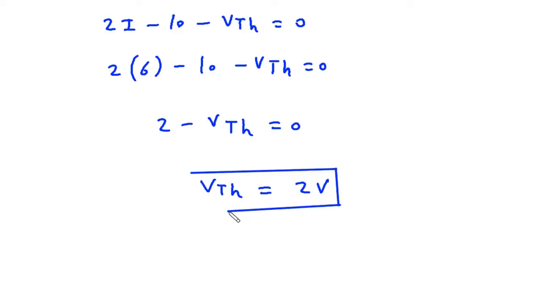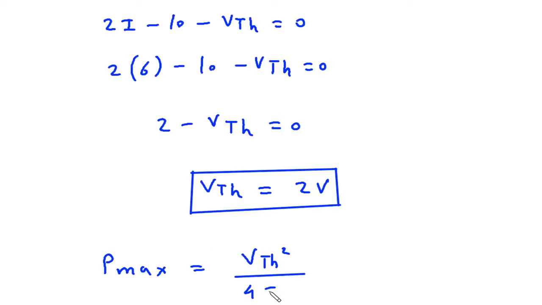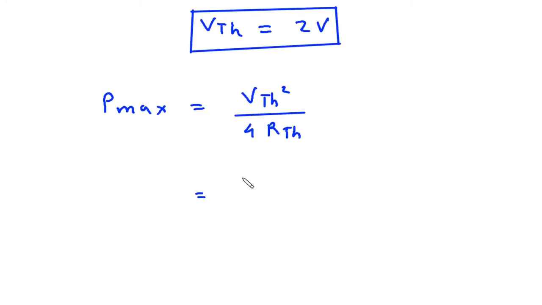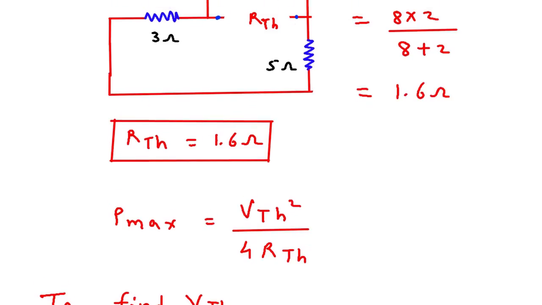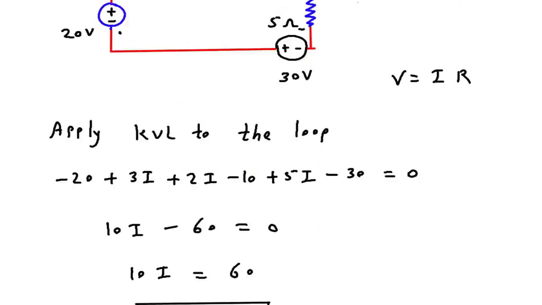Now we have the value of VTH and RTH. From this we can find Pmax. Pmax is equal to VTH square by 4 RTH. Now VTH is 2, square, divided by 4 into RTH. This RTH is 1.6 ohm.